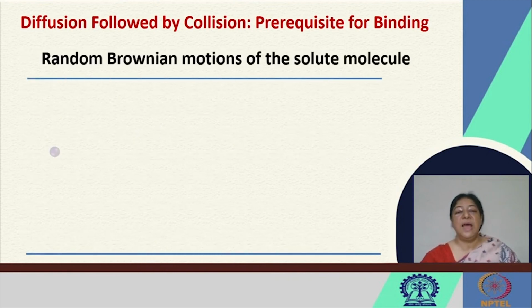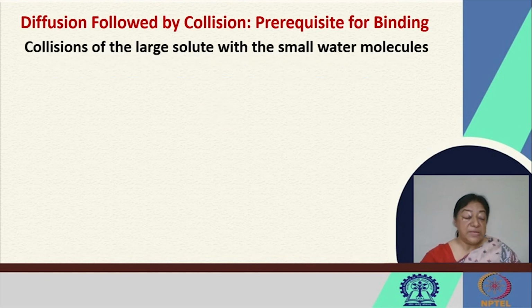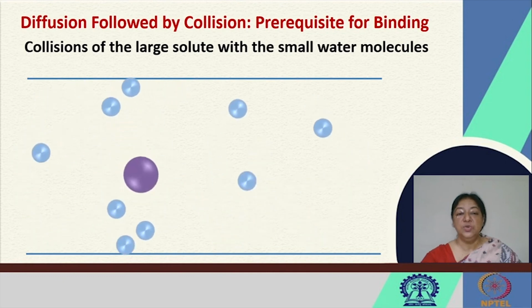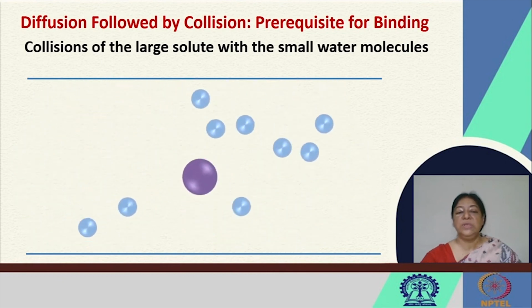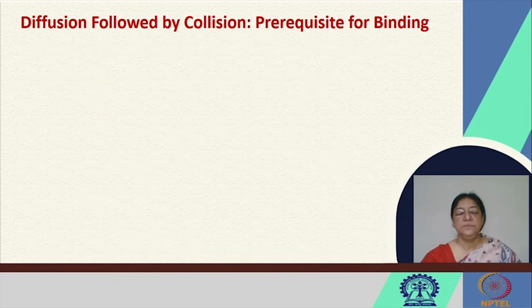So if we look at the random Brownian motions of the solute molecule, they can take the molecule to different positions around the solution. However, in the presence of the water molecules, we would have a bombardment that would interact with our solute in the system.